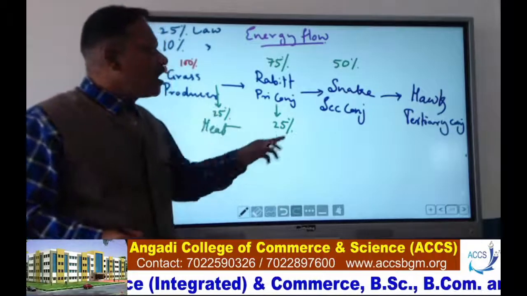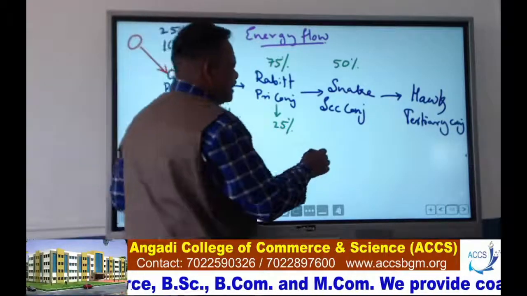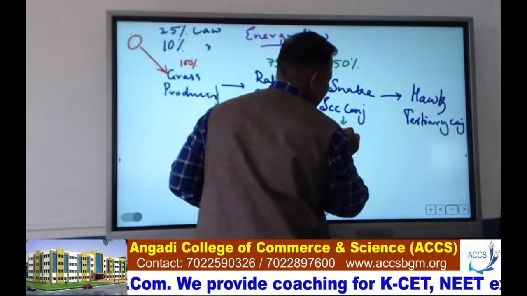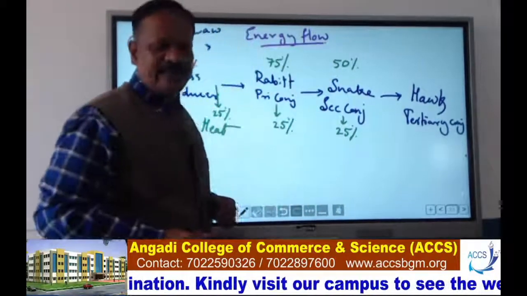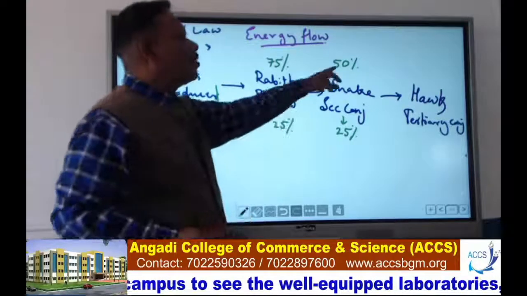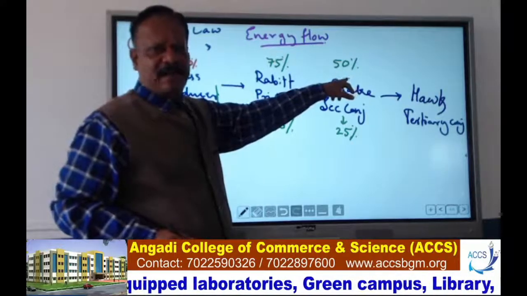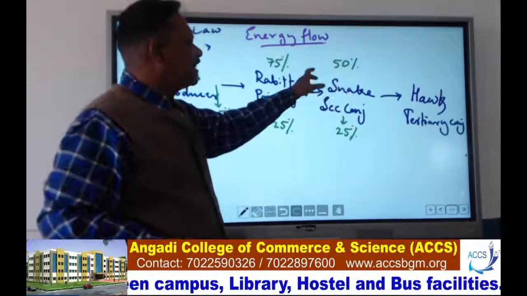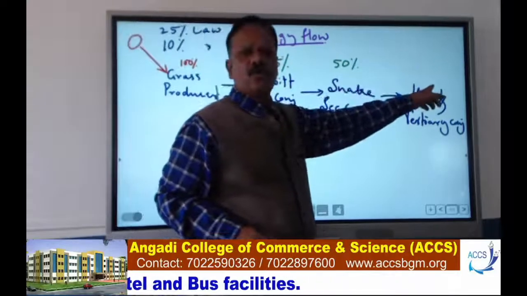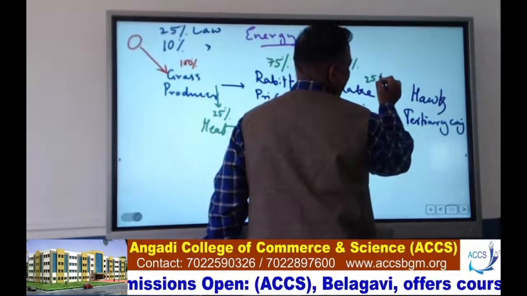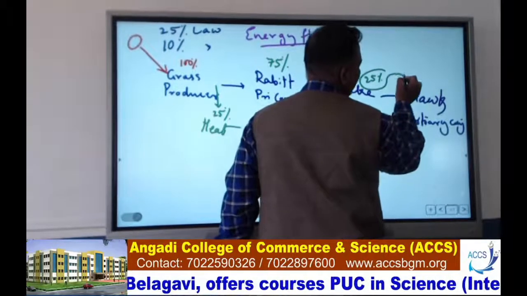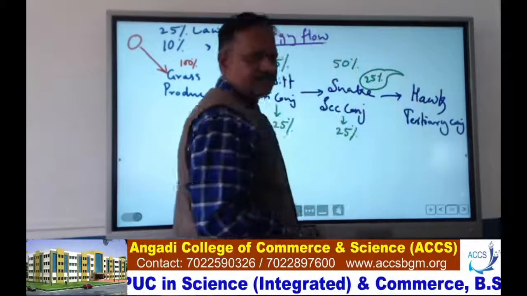In the snake, again for its activities, 25% of energy is converted into heat and lost in the atmosphere. So only 25% is remaining, and that 25% is transported to the hawk.